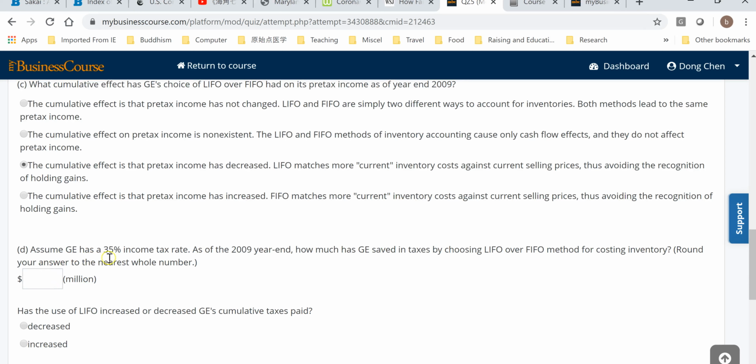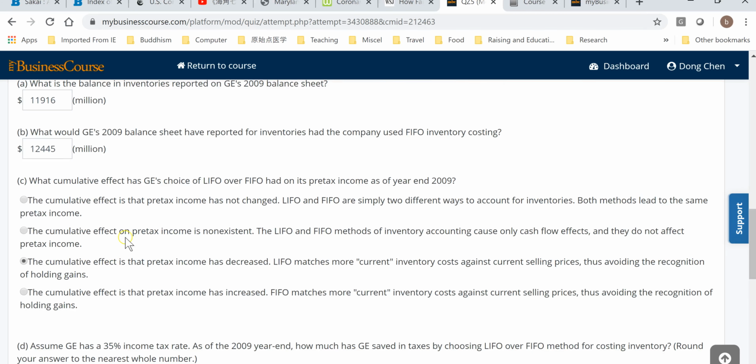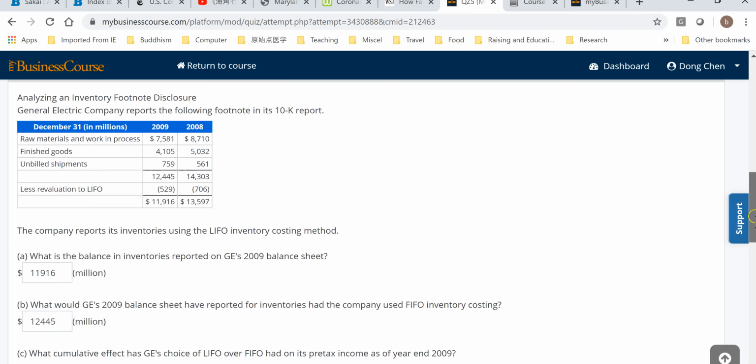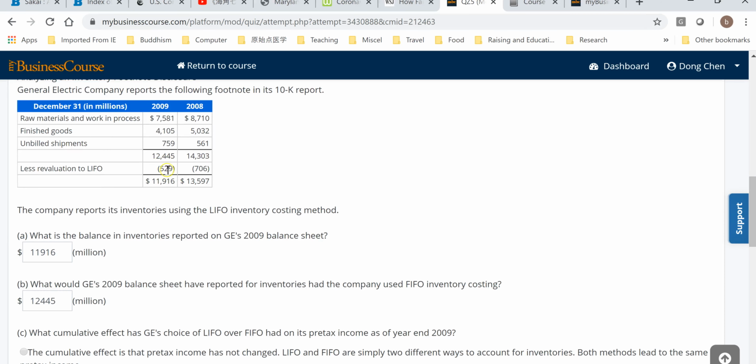Assume GE has a 35% income tax rate. As of the 2009 year end, how much has GE saved in taxes by choosing LIFO over the FIFO method for costing inventory? So in this part C, we saw that the pre-tax income is lower under LIFO, lower by exactly this difference, 529.